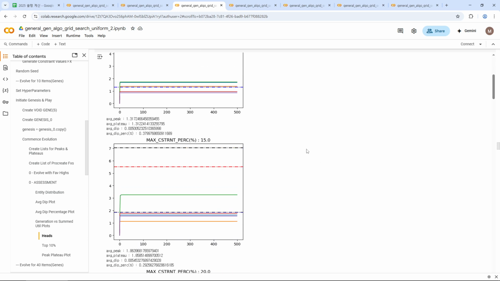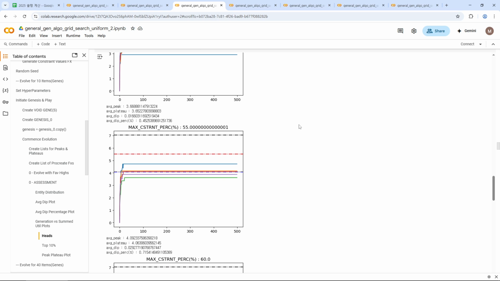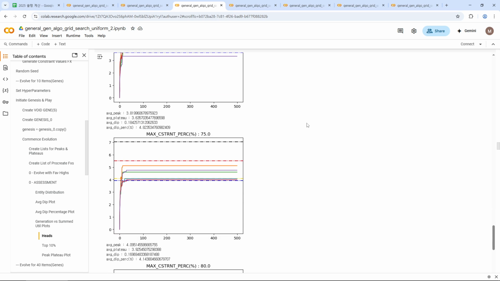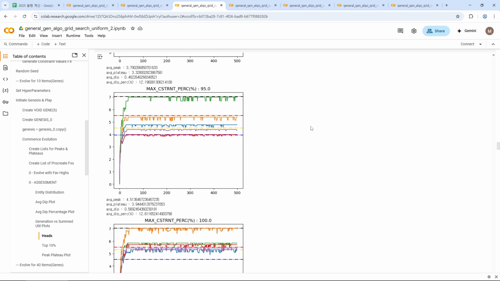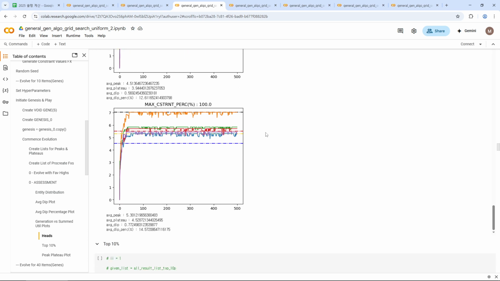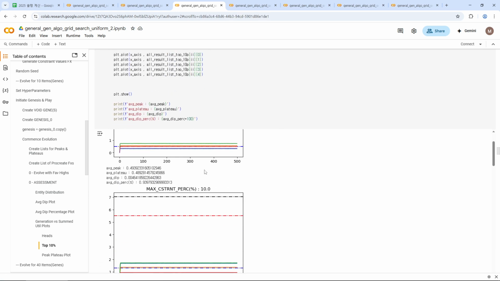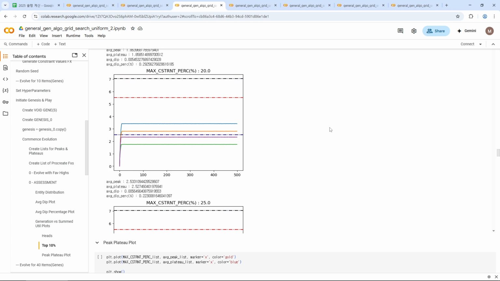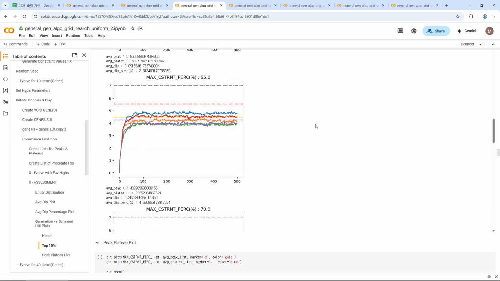Heads. We hit it at 100%. So, again, very usual. Let's see what happens at 100 for the top 10% entities.